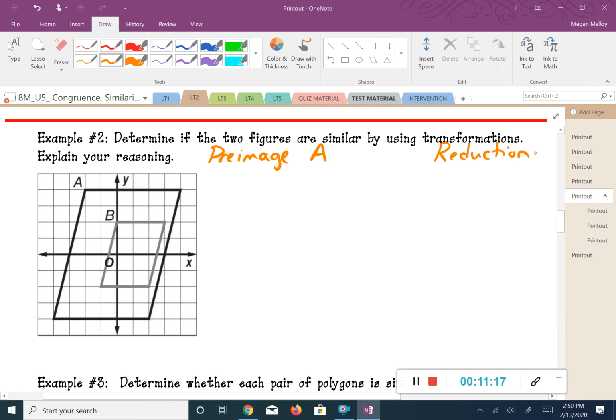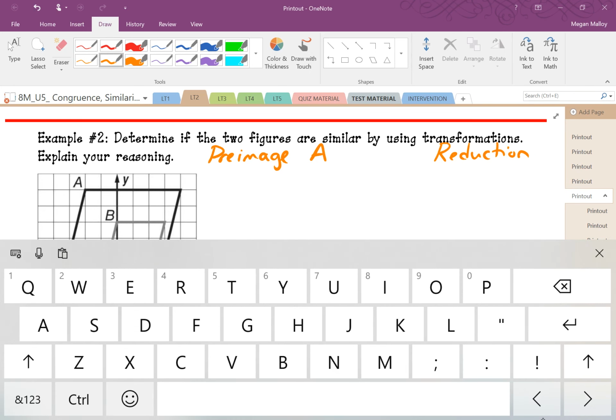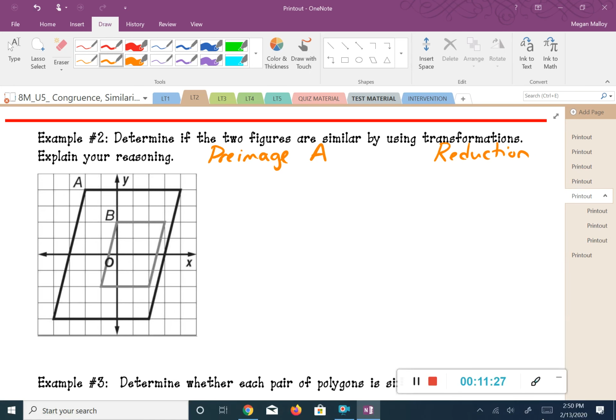Maybe. If they're not similar, meaning if the angles are not congruent and the side lengths are not proportional, then there isn't really even a reduction because it's not the same shape. There wasn't a dilation that occurred to get A to B.